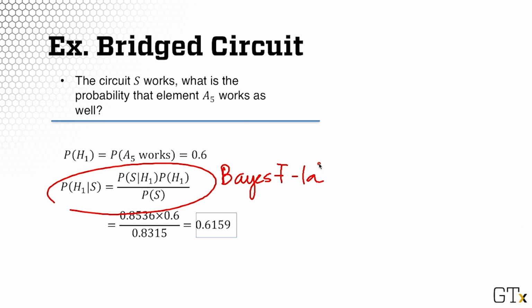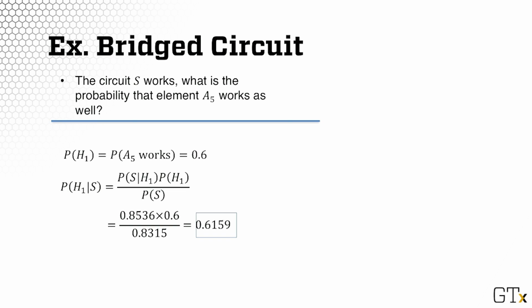And simply by Bayes' formula, you plug in the probability that you calculated in total probability in the denominator, and that was the probability of working if the element A5 was working, and this is the probability that element A5 is working, and when you do the calculation, you end up with 61.59%. So the probability that element A5 was working, if the system was found to be operational, increased from 60%, which is the prior probability, to 61.59%, which is the posterior probability.